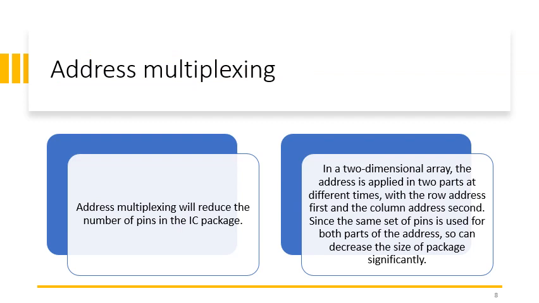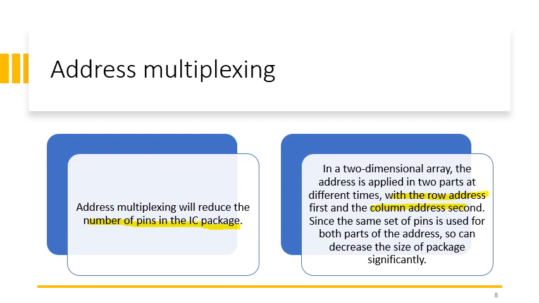Address multiplexing basically reduces the number of pins in the IC package, so that we can effectively address each location in that memory, but with a limited number of pins. In a two-dimensional array, the address is applied in 2 parts at different times: a row address in order to select the row, and then the column address in order to select the column.